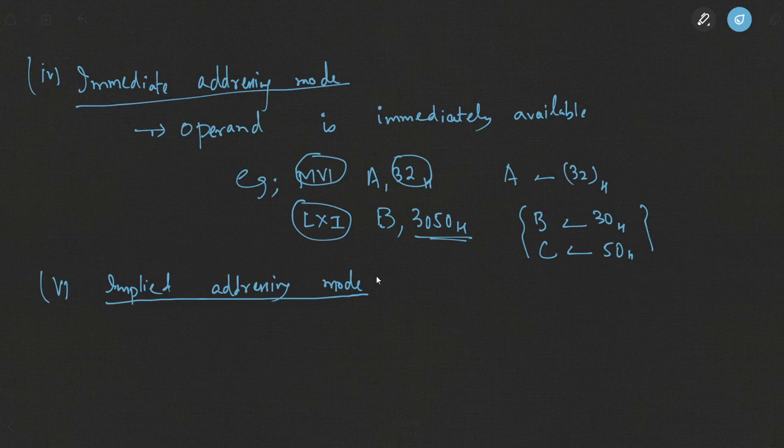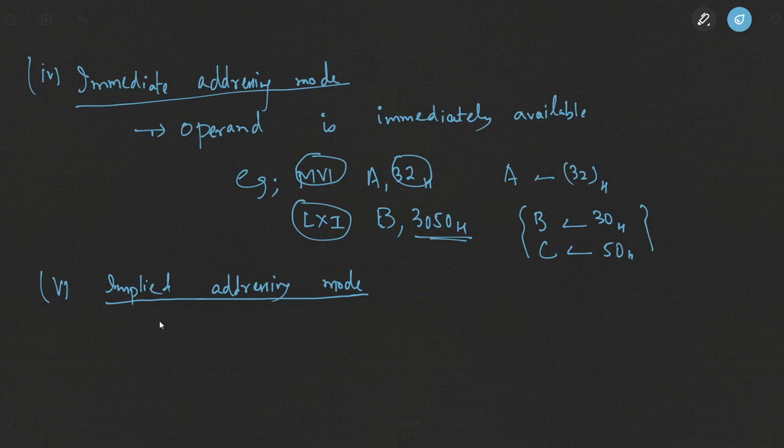In indirect addressing mode, the address has been given, but that address has been stored in some register pair. That register pair has been given to us as an operand. In immediate addressing mode, there is no address. Simply the data has been given, and that has to be immediately loaded into, most likely, the accumulator.